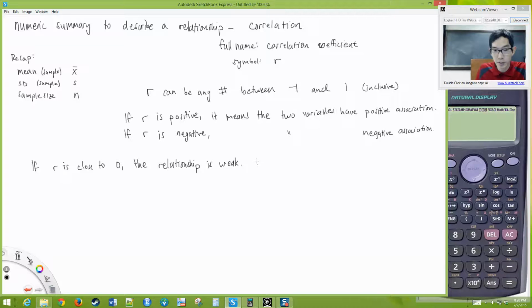That means there's lots of scatter in the data. One variable does not provide very good predictive power for the other variable.